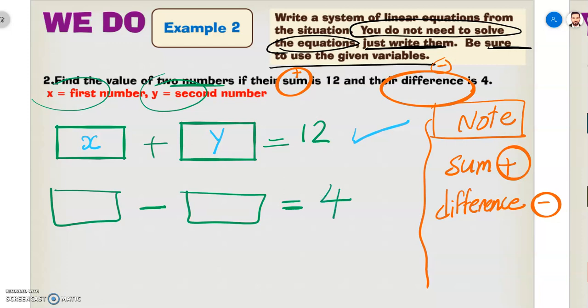The difference between them is 4. So the difference between x and y is 4. Now I wrote the second equation. So I wrote the first equation as the sum between two numbers is 12 and the difference between them is 4. This is my analyzing part and this is the translation for the word problem.